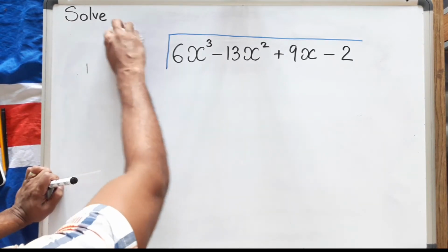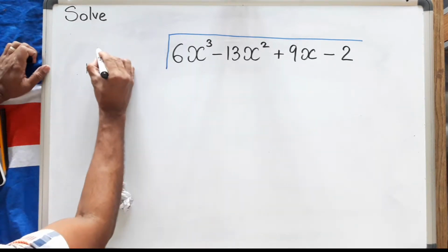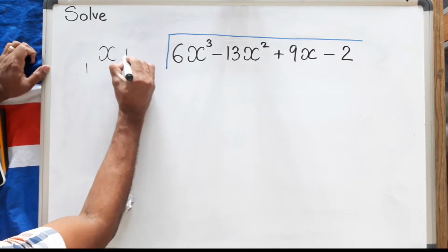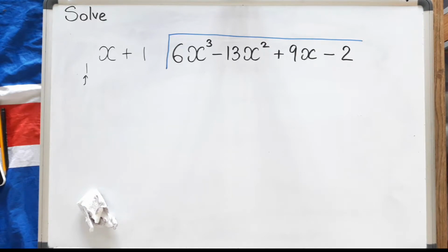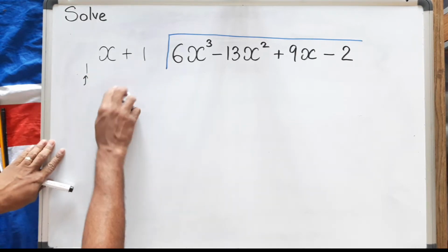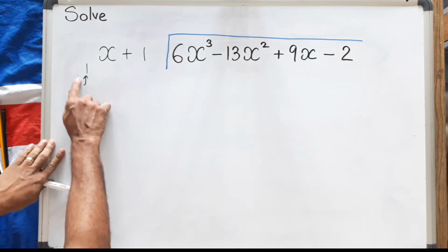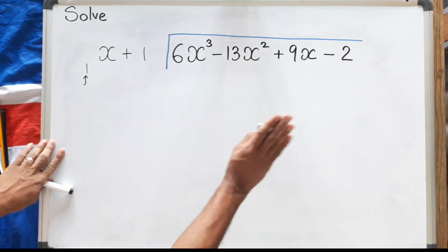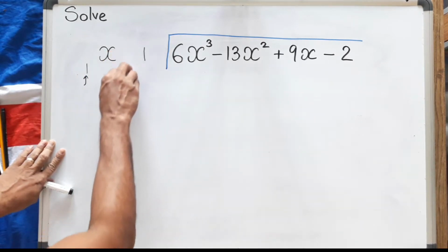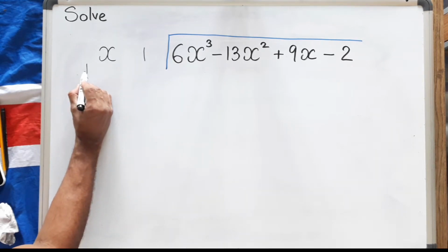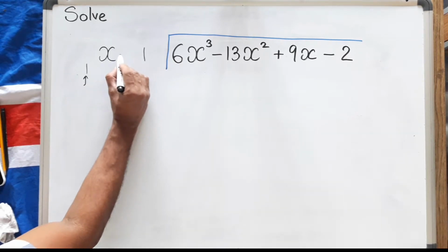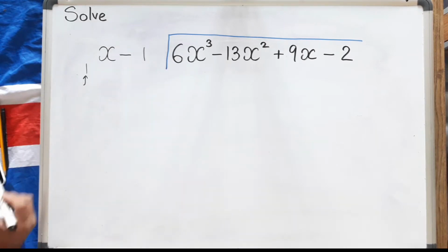So what do we divide it by? A lot of people would say we have to divide it by x plus 1 because our first guess is 1. But in reality, if your first guess is 1 and it's right and it makes the whole thing 0, you have to divide by the opposite of that number. So if it's +1, you have to divide by x minus 1.